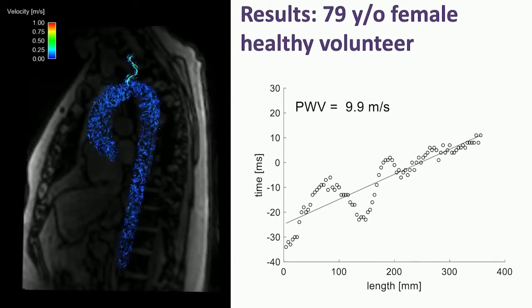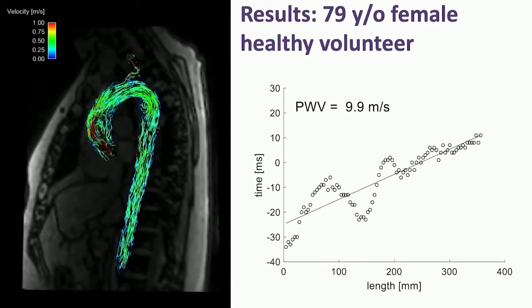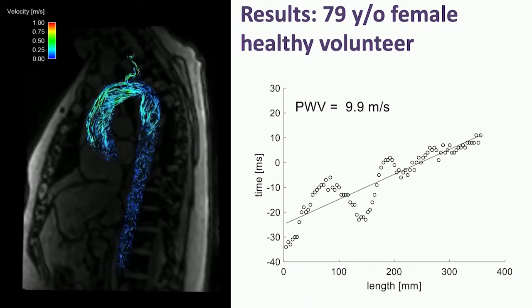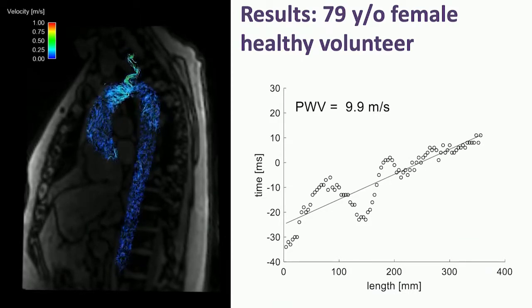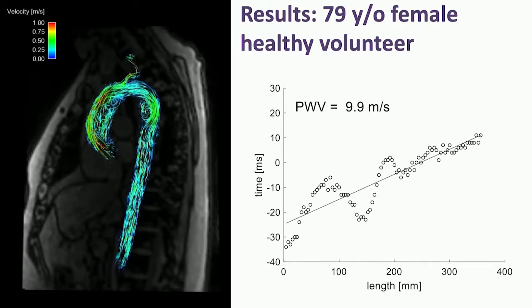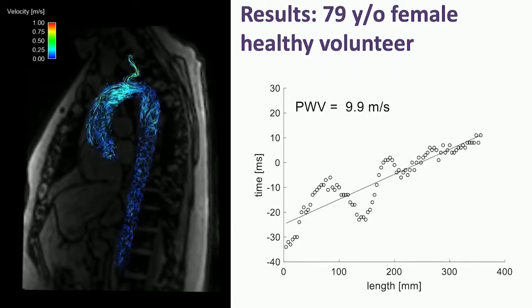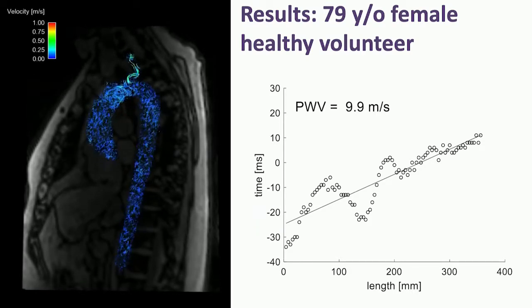So in contrast, a 79-year-old female healthy volunteer, you can already appreciate that the blood flow patterns are not as organized. There's some vortex flow going on during the later stages of the heartbeat. And you can also appreciate that we're not seeing a lot of red areas, so the flow is slower. So the pulse wave velocity here is about 10 meters per second.